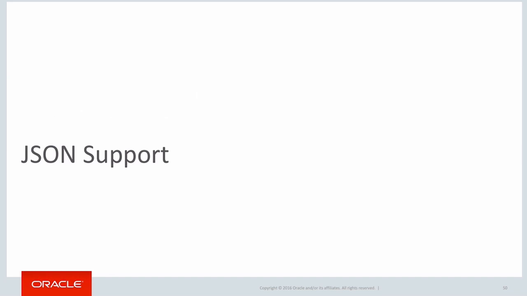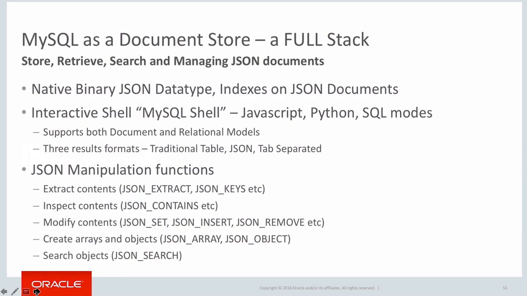Okay, I'll keep going. So, JSON support. This is just a high level, and it's an exciting announcement that we had. We've been rolling it out piece by piece as they're coming out. The first thing that we did in MySQL 5.7 was we created a native binary JSON data type.